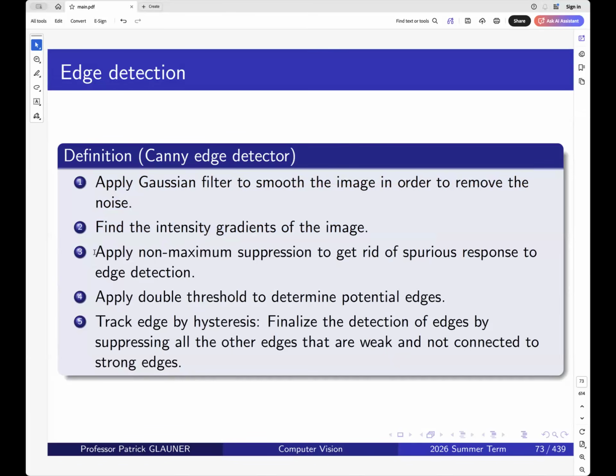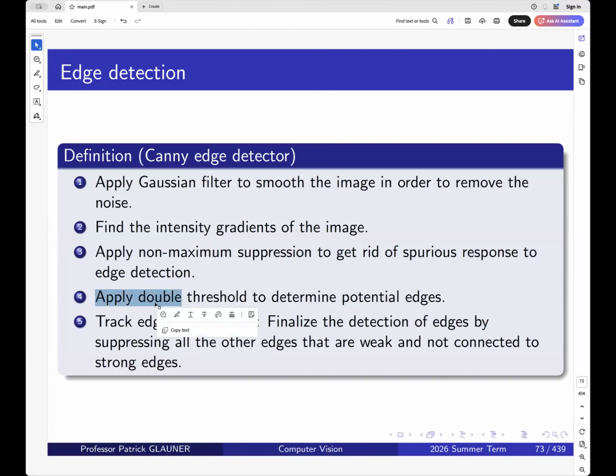Then you apply some more algorithms to get rid of some spurious responses in edge detection, maybe some single short edges that are not connected to anything far off, that maybe only have a low intensity. Those are the ones that would get kicked out, especially the spurious ones.